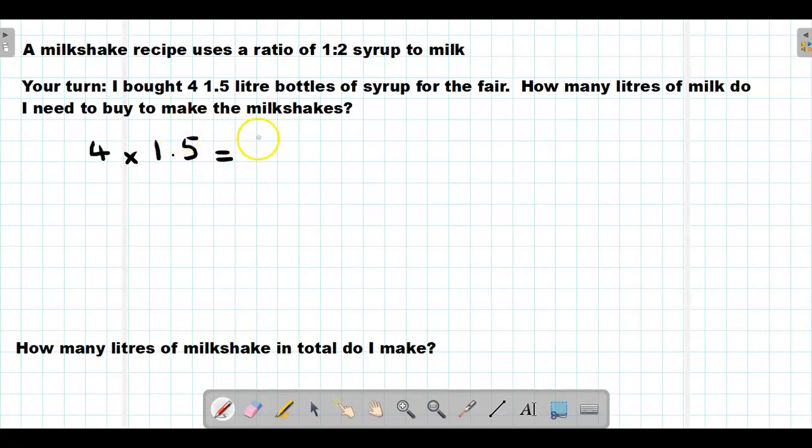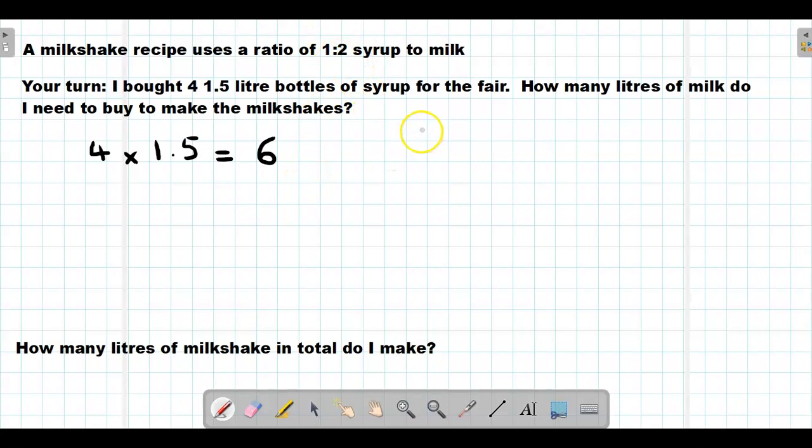Okay, so I could just add 1.5, 1.5, 1.5, 1.5 and do 4 of those. I can do 4 times 1, 4 times 0.5, or if I can do this mentally, I'll do it mentally. I know that 2 times 1.5 is 3, therefore 4 times it must be 6. So we have got 6 litres of syrup so far.